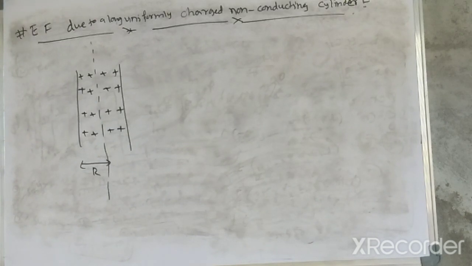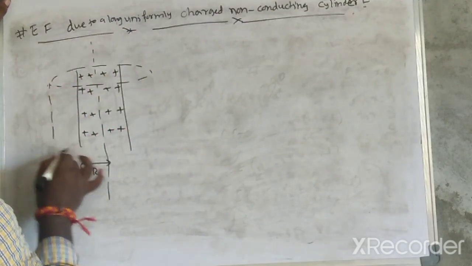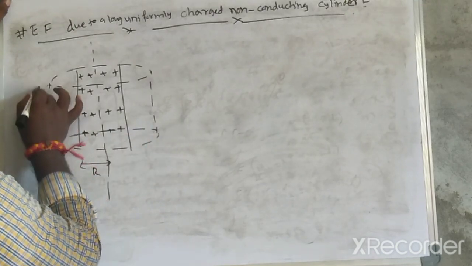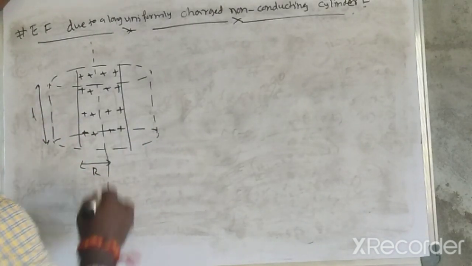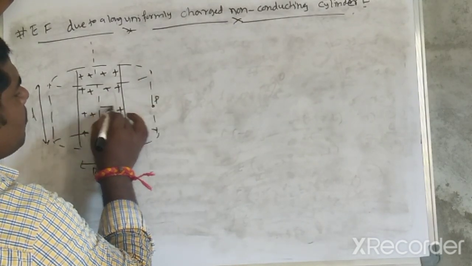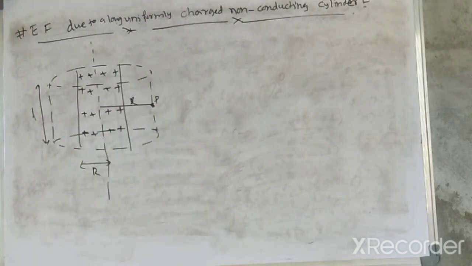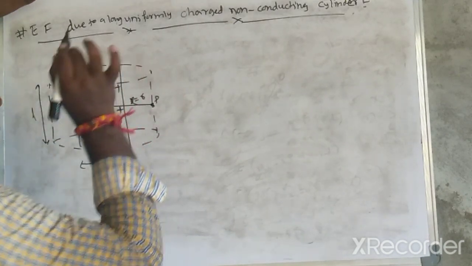First of all, you may draw the Gaussian surface. The cylinder has length L, this point is P, and the distance from the center to point P you may consider X, or r, no problem.